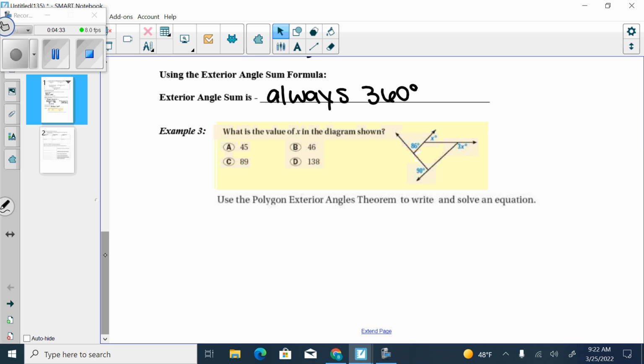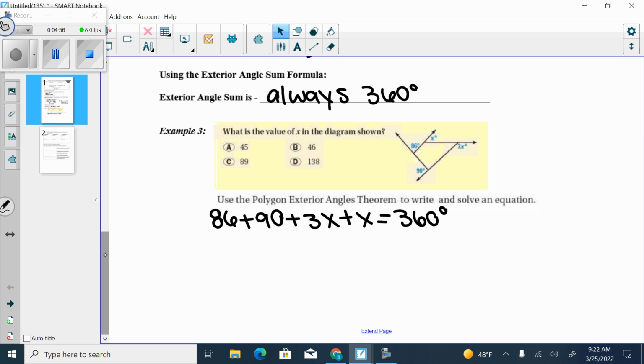So knowing that the exterior sum is 360, what would we set up to solve? Right. Add them all up, set it equal to 360. Very good. So I'd have 86 plus 90 plus 3x plus x should equal 360 degrees.